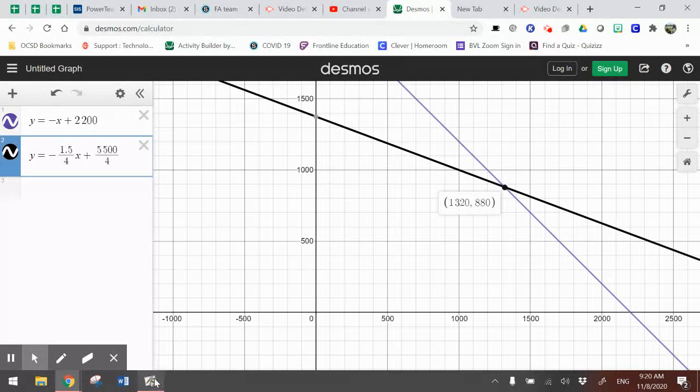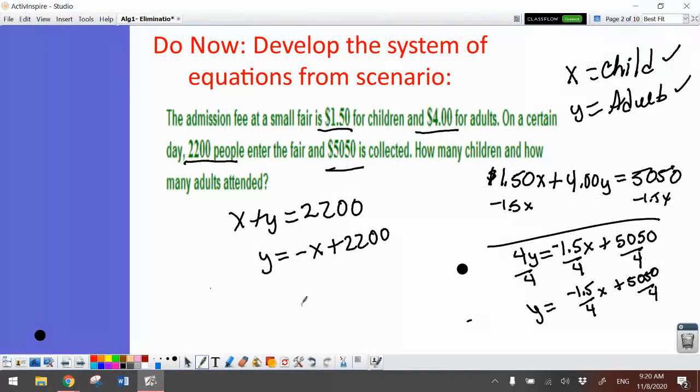1320 and 880. So let's go ahead and think about what that means in our context. What does that mean? What are those numbers? Are those apples and bananas? Nope, you're right.